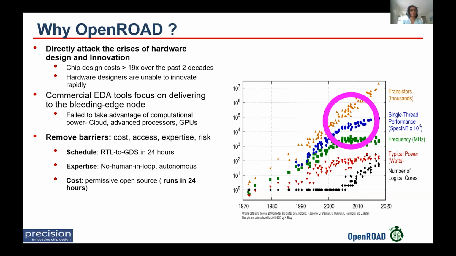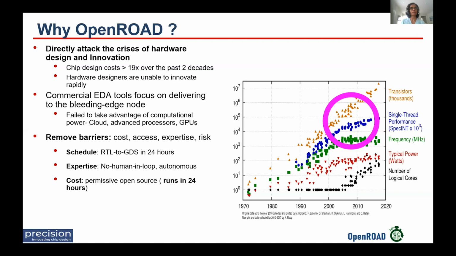And very specifically, our mission is to do the complete flow that we say from RTL to GDS2, which essentially means from the specification all the way to GDS, which is a layout-ready format for manufacturability, in less than 24 hours, which is a very specific mission we have. And today, running these flows can take days and weeks.